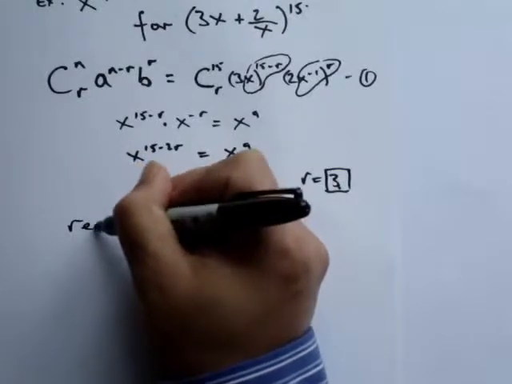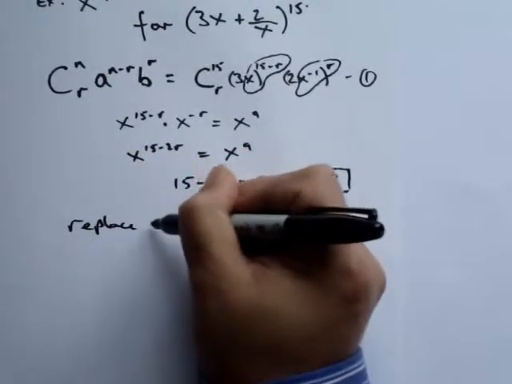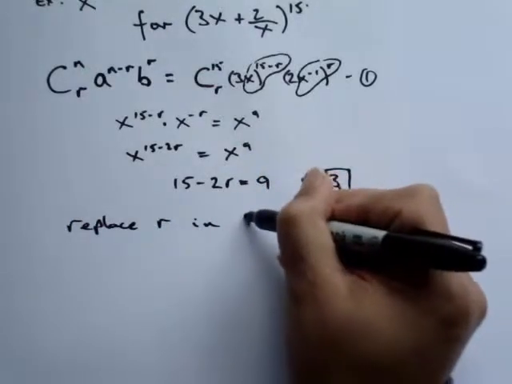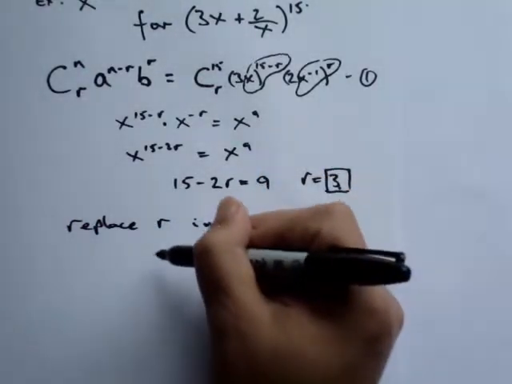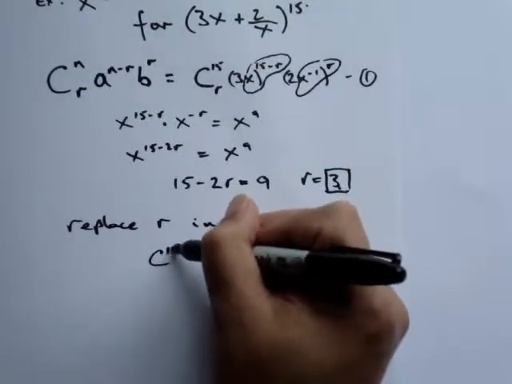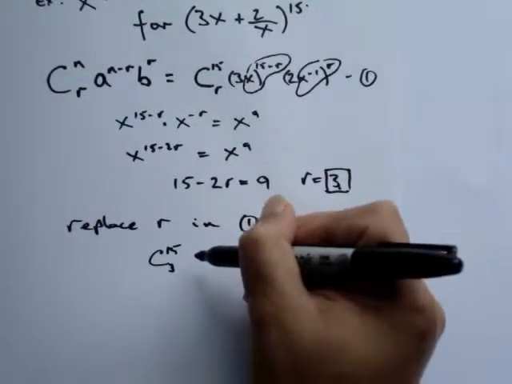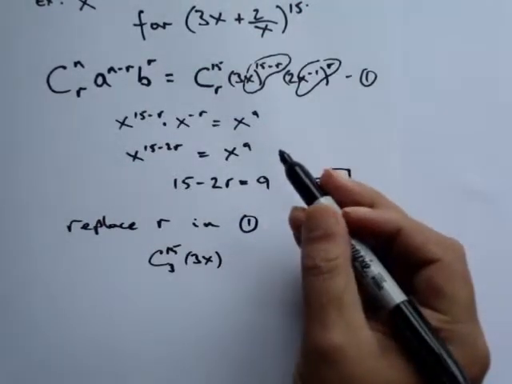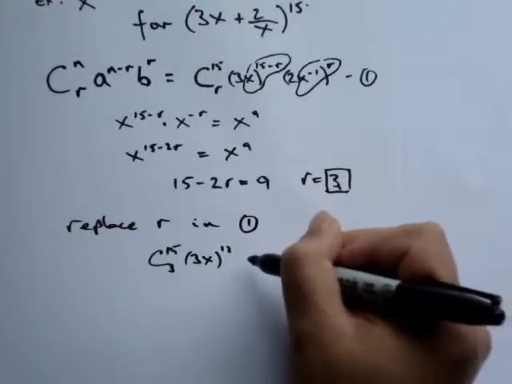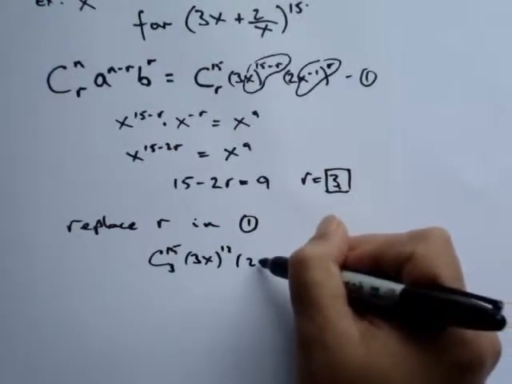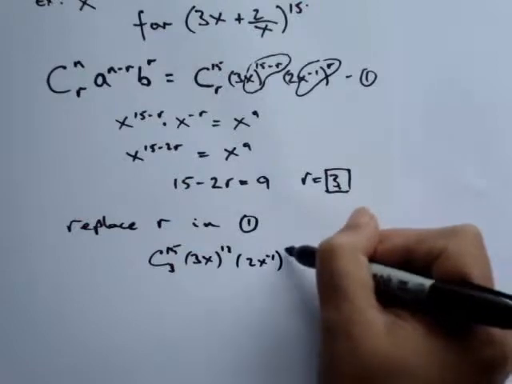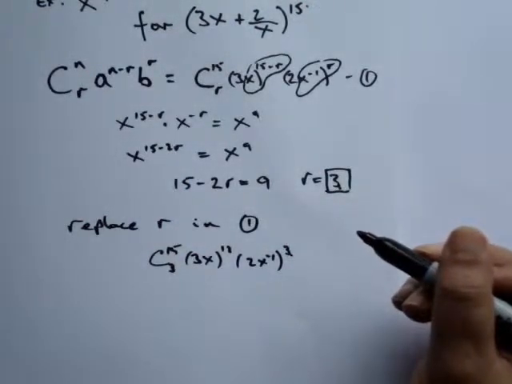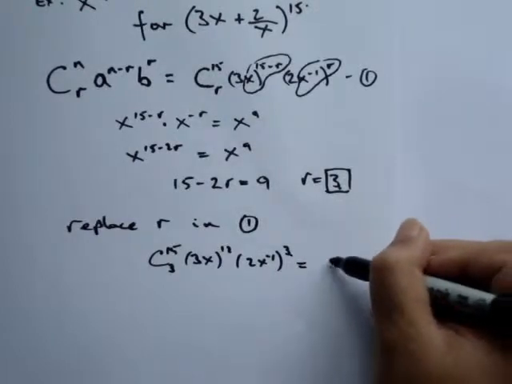So replace r into our equation 1, and we get 15C3, (3x) to the power 12, since 15 minus r would be 12, and (2x to the minus 1) to the power 3. And that would give us our coefficient.